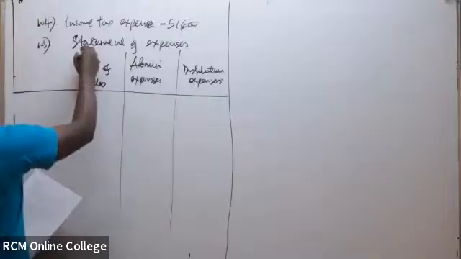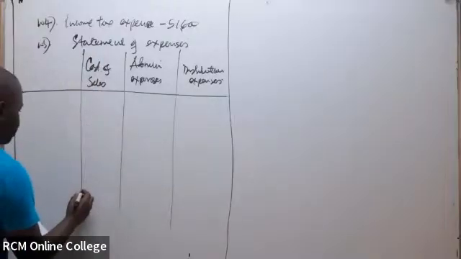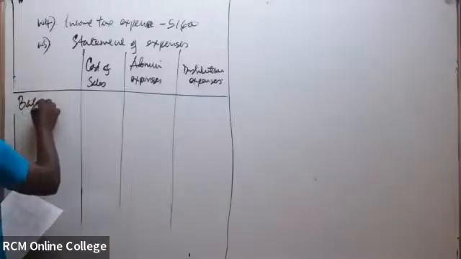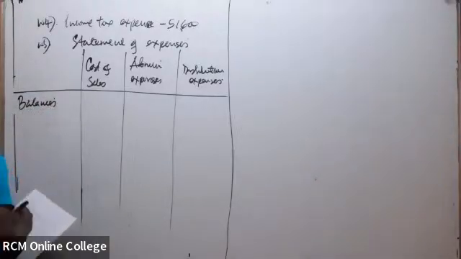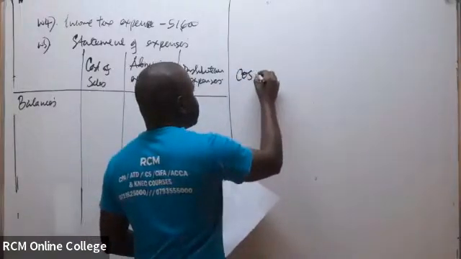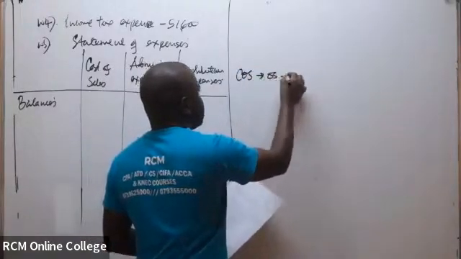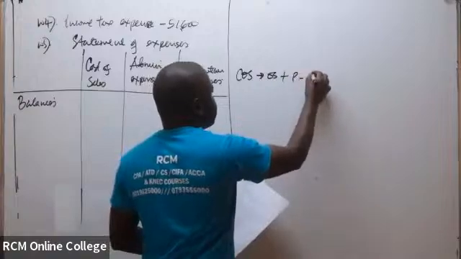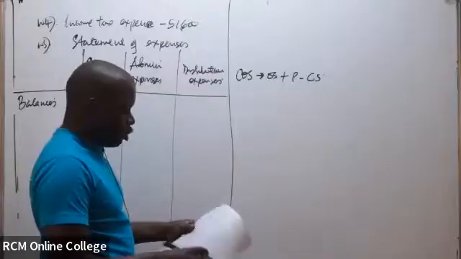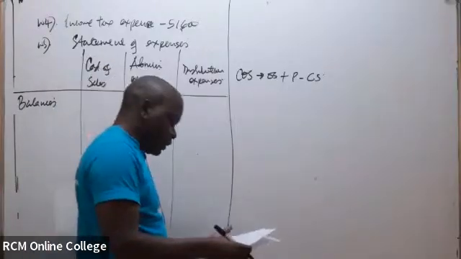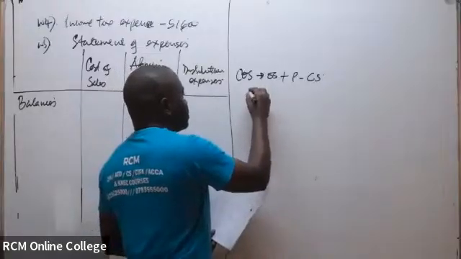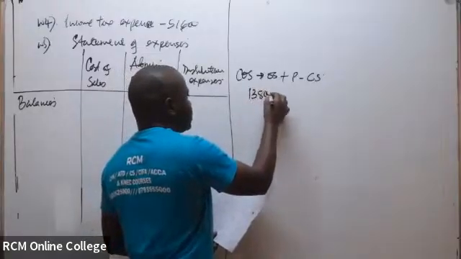So we can start with the balances as per the trial balance. For the cost of sales, we will have the opening stock plus purchases minus the closing stock. The opening inventory is what you can see in the trial balance, an amount of 138,000.